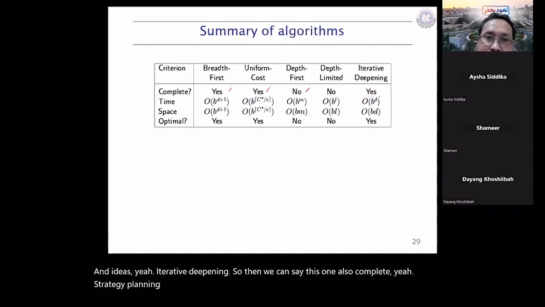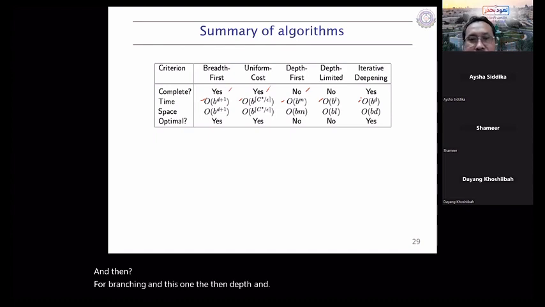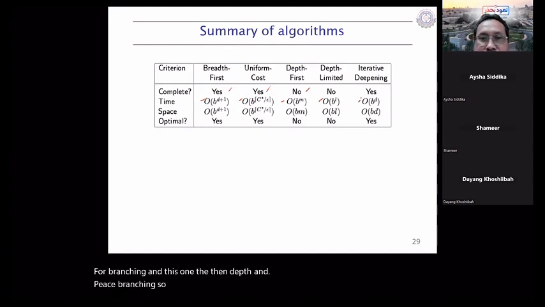Yes. So this is how to calculate time and space, with a different formula for each. For branching, b is the branching factor, then d is the depth, and L is the limit, for each.